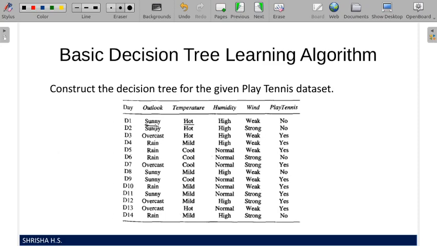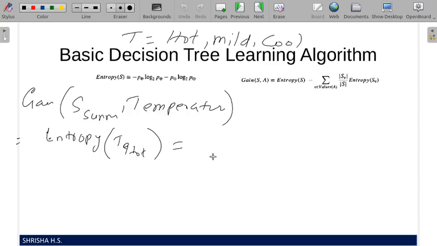So sunny, hot. Out of 5 outlook equal to sunny instances, 2 are hot, and both are negative instances.